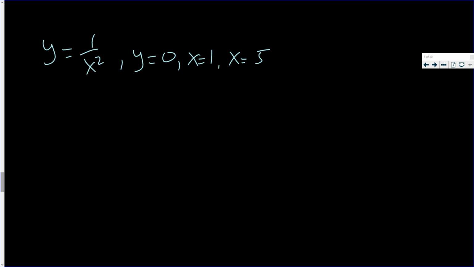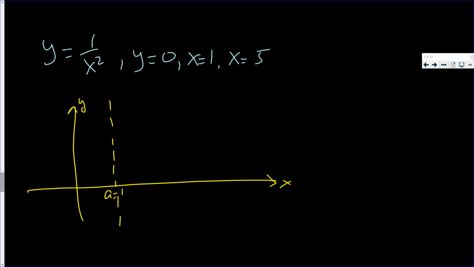So basically what's going on is, this is the y-axis, this is the x-axis, and you are given a and b. A is 1 and b is 5. Okay. And you're also told that in between there, y equals 0.